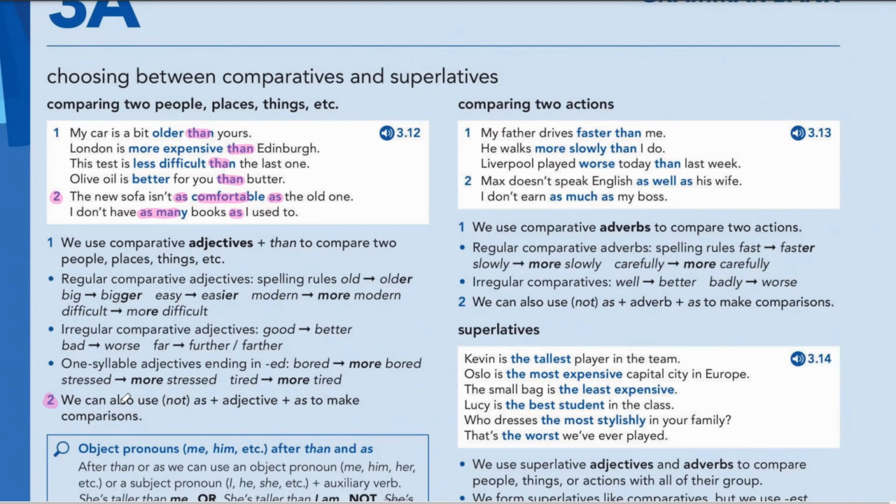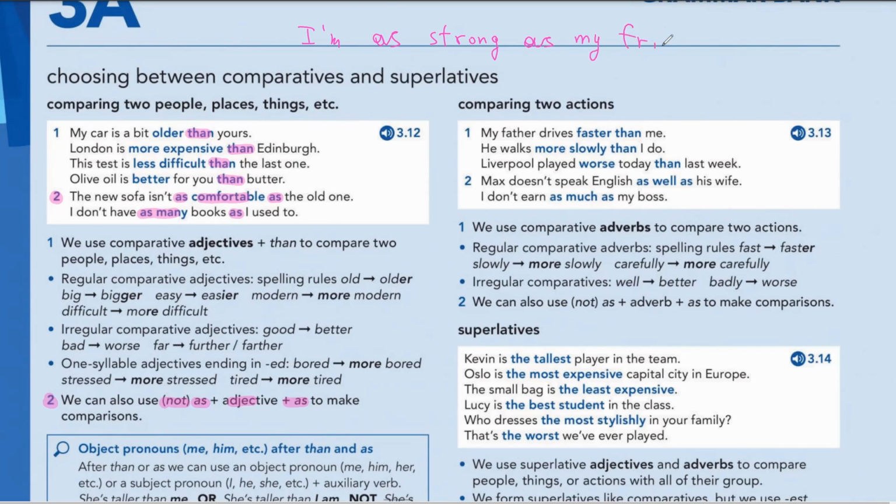So this is the formula here. You can say it in the negative, or if you say the level is the same, as adjective as, like I am as strong as my friend, right? I am as strong as my friend.